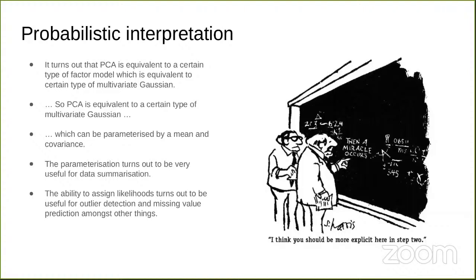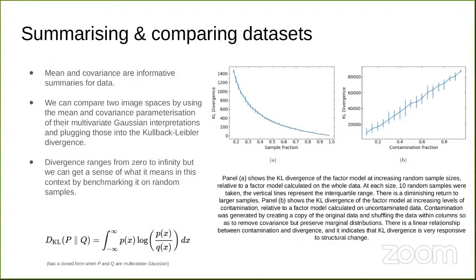And this is very useful because it allows us to ascribe a probability to every galaxy point. And as I'll show you, this is going to be useful for things like outlier detection and predicting missing values. But it's also useful for summarizing and comparing data sets.